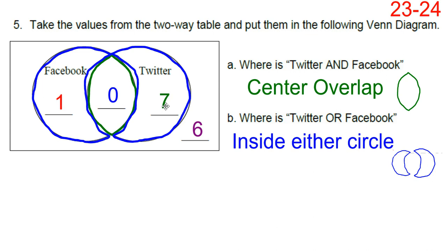We had 7 Twitter users that did not use Facebook. We had 6 individuals not use Twitter or Facebook. Now remember, our total was 14 users. Well, if we add up 1, 0, 7, and 6, we get our 14 users. And that stays at 14 users, our 14 individuals that we surveyed.